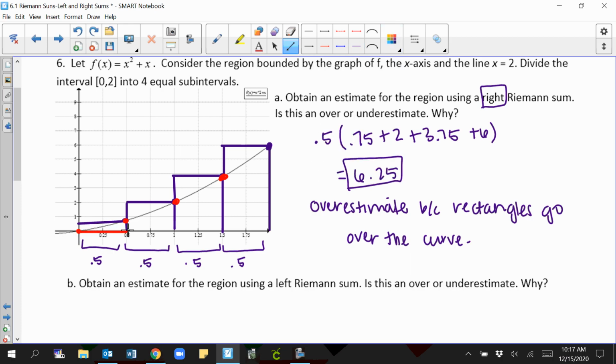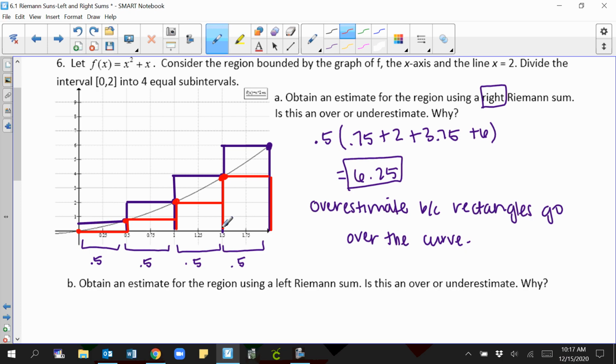So this one is going to be our first rectangle. Then we've got our second rectangle here, cuts off here, and cuts off here. So we've kind of got these rectangles that are going under the curve. So we're using our left endpoints instead.